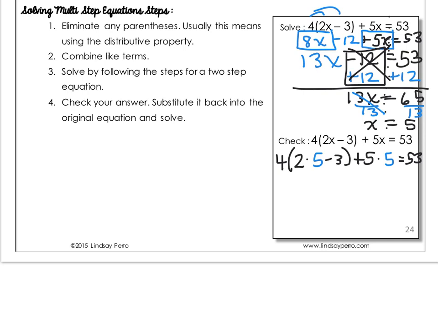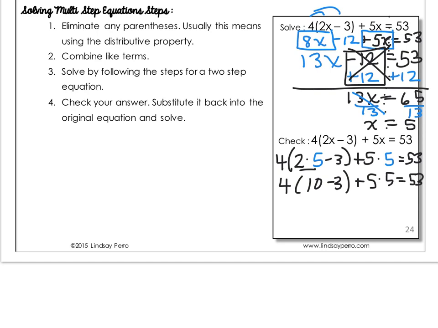So now if I do order of operations, I'm going to look at my parentheses first, and inside the parentheses I have 2 times 5. So I've got 4 parentheses, 2 times 5 is 10, minus 3 plus 5 times 5 equals 53.